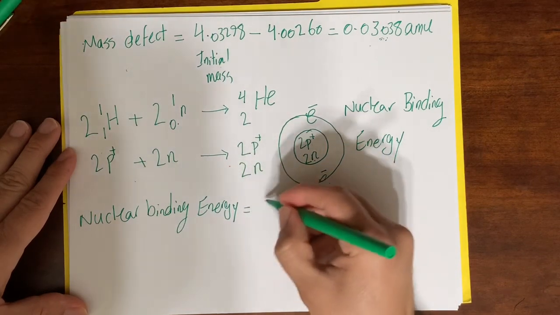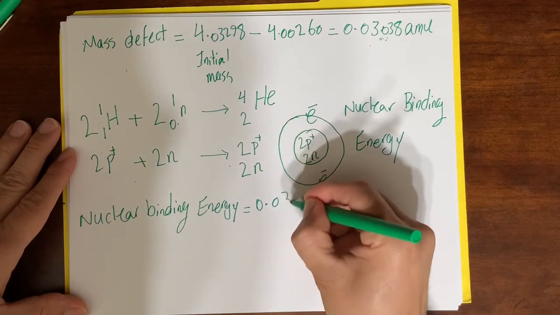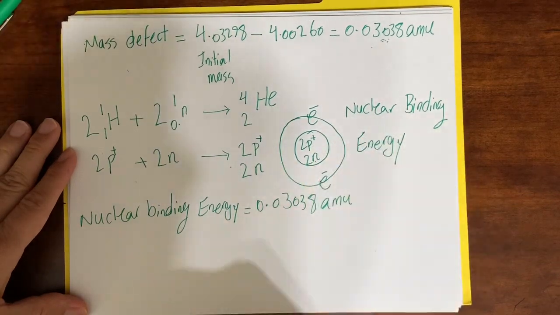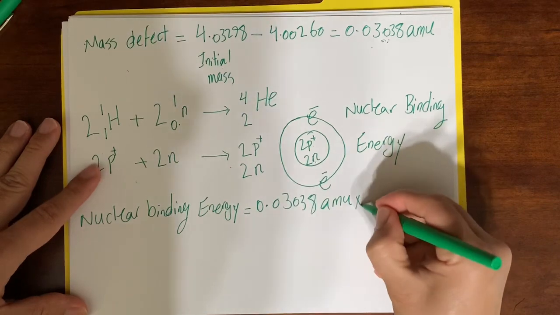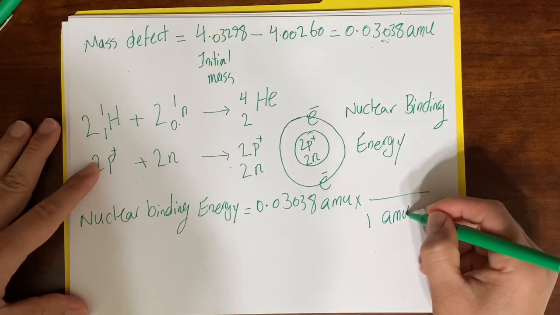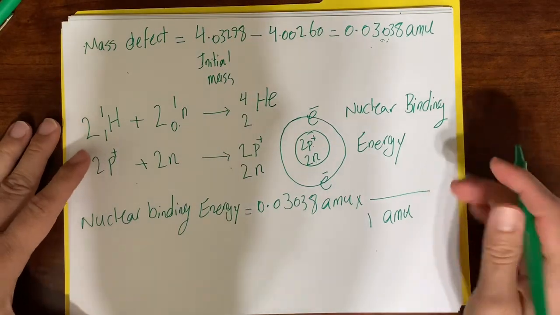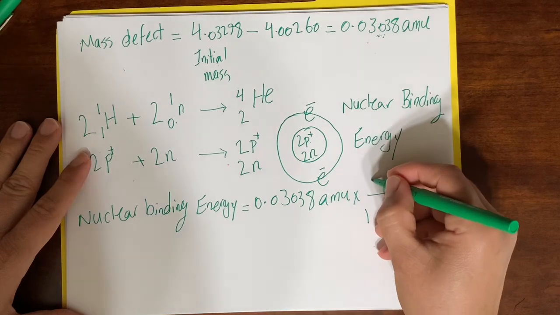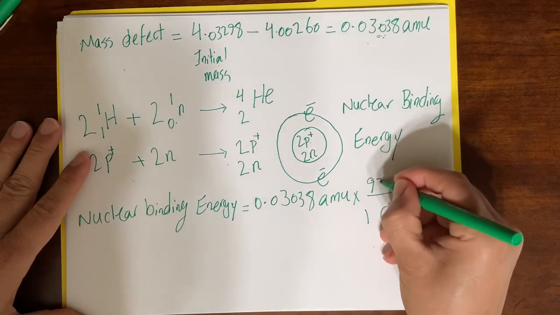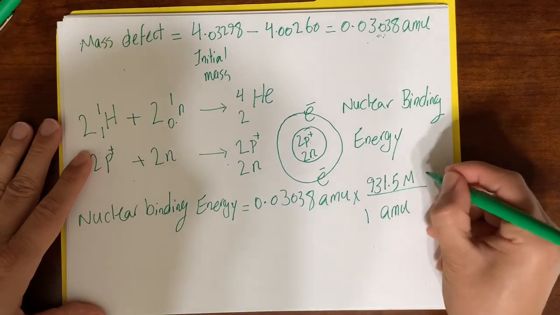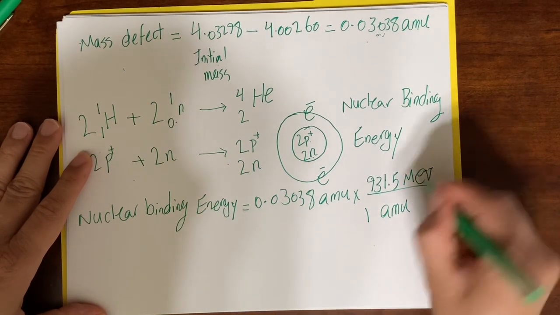is equal to 0.03038 atomic mass unit. 1 atomic mass unit, if you write it in electron volt, is going to be equal to 931.5 mega electron volt.